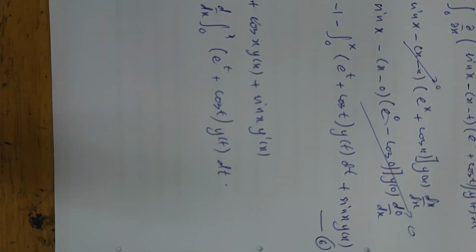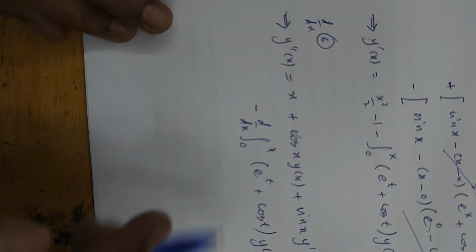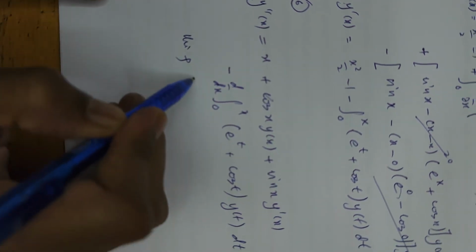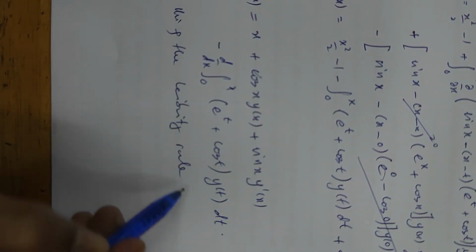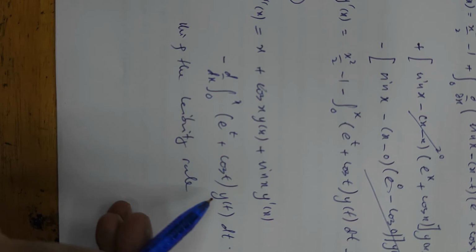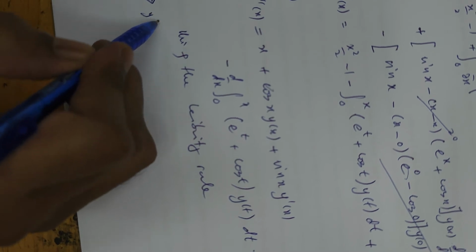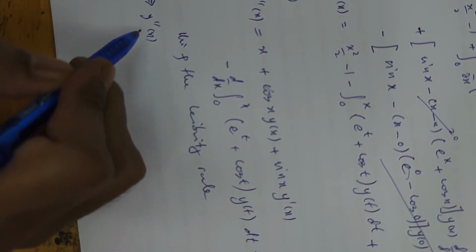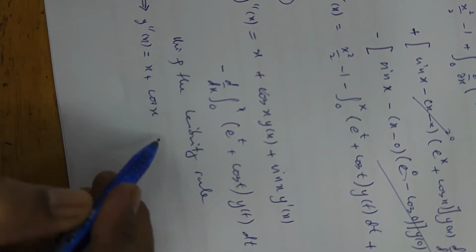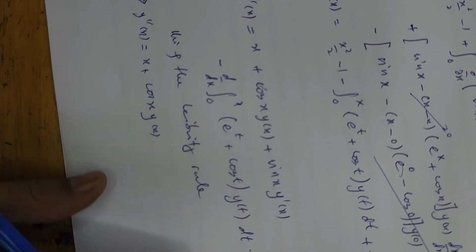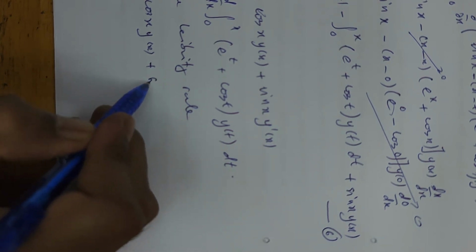And again we use the Leibniz rule. Using the Leibniz rule, we have y double prime x equal to x plus cos x y x plus sin x y prime x.